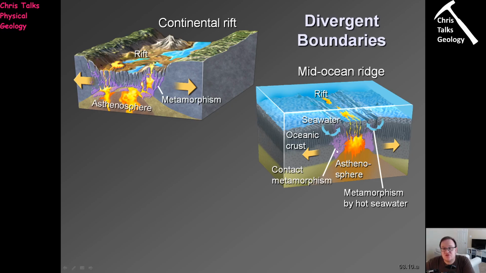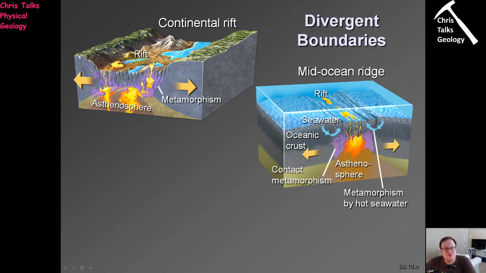This leads to the crust above the divergent plate boundary becoming quite thin. So divergent plate boundaries aren't really going to be associated with much folding because, number one, there's no compressional force to really speak of, and number two, the crust is so thin that really the crust here is going to behave mostly in a brittle fashion.